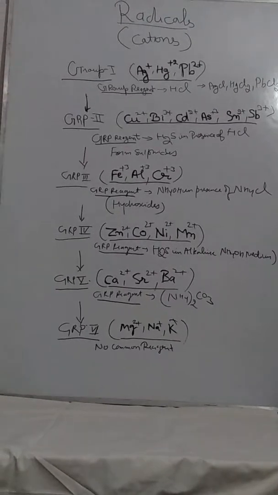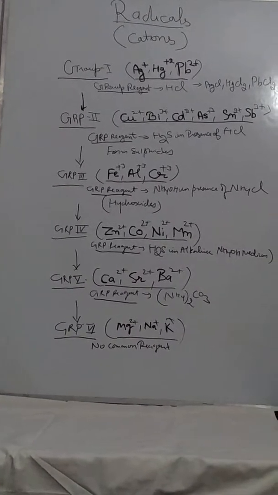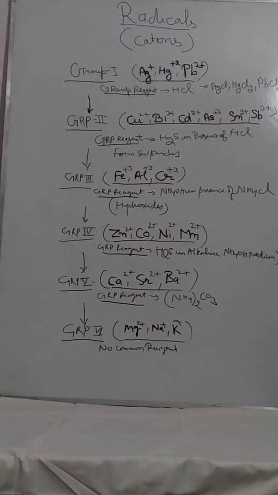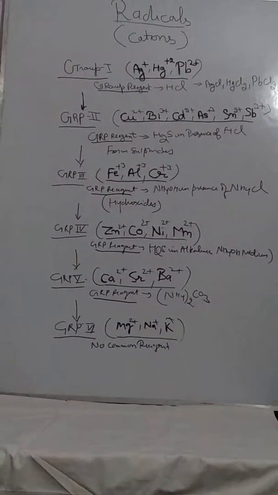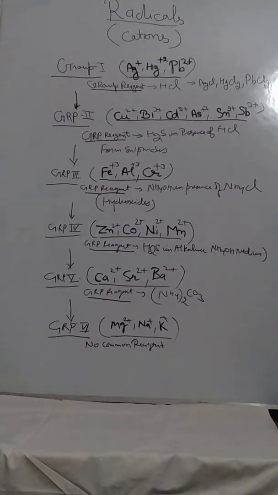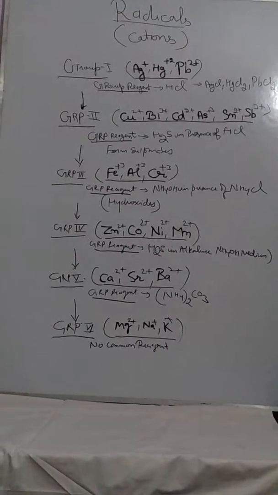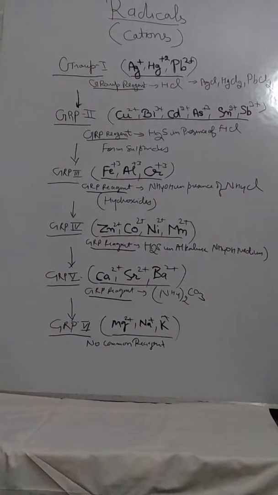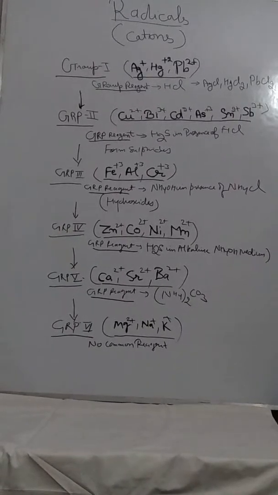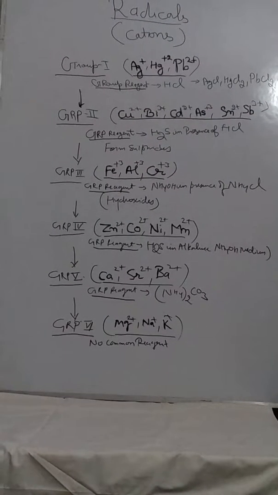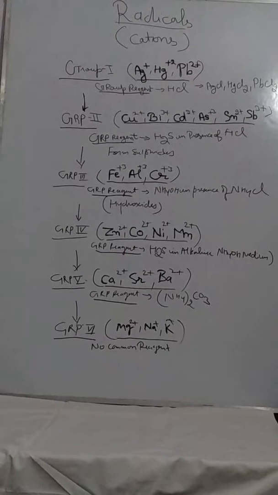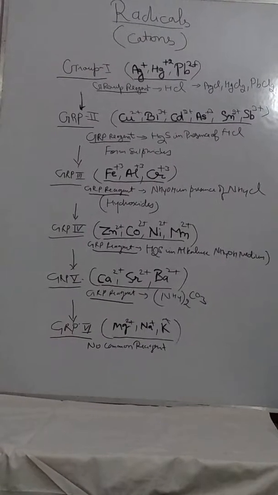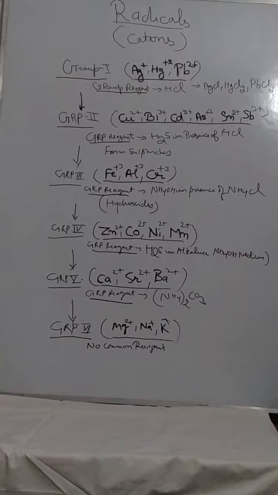To detect the cations in a given inorganic mixture, we have to make, first of all, the proper original solution. There is a condition for the original solution: it should be transparent and the mixture should completely dissolve in that particular solvent. For making this original solution, one of the most important steps is to select the proper solvent.